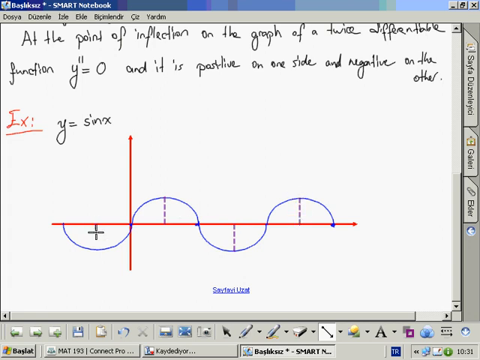This point is pi over 2, this is 3 pi over 2, and this point is 5 pi over 2, and this point is minus pi over 2.